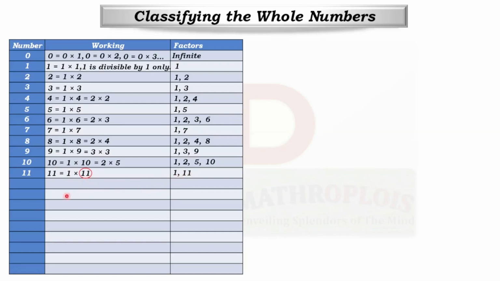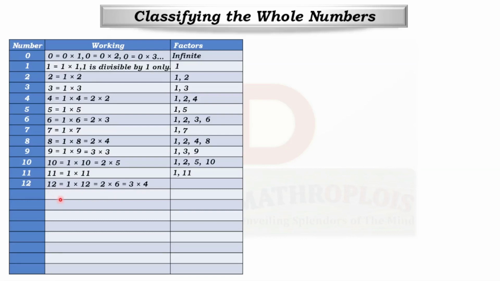Next number is 12. Let us now find out all possible factors of 12. 1 multiplied by 12 is equal to 12. 2 multiplied by 6 is equal to 12. 3 multiplied by 4 is equal to 12. And there isn't any other factor of 12.